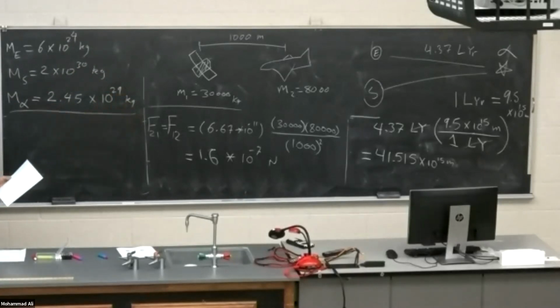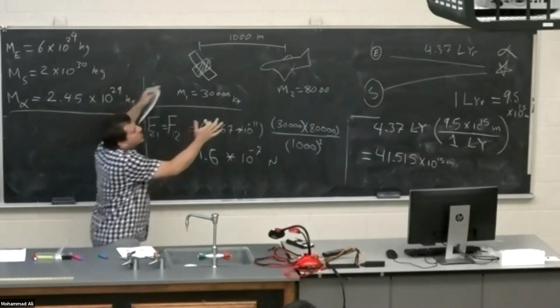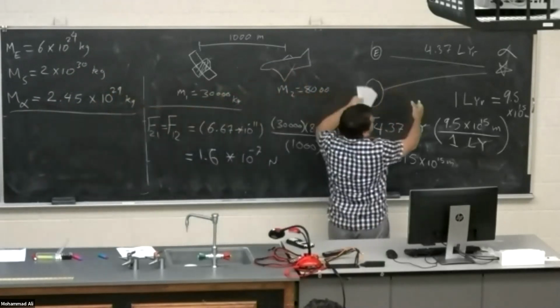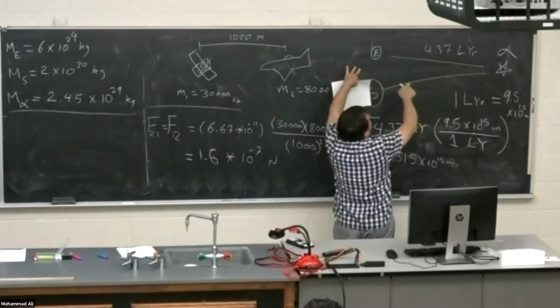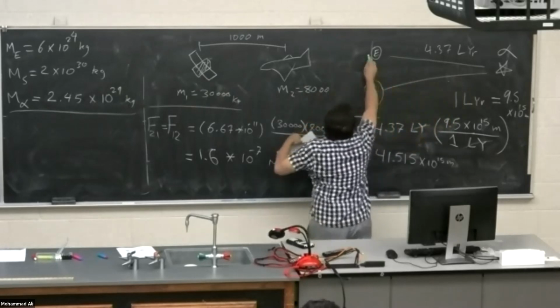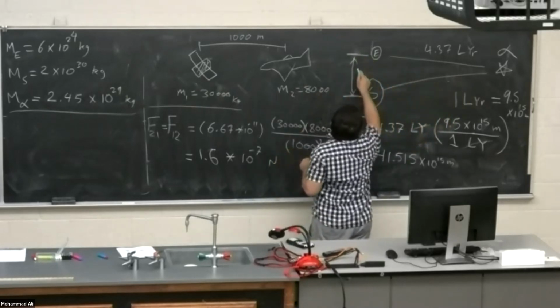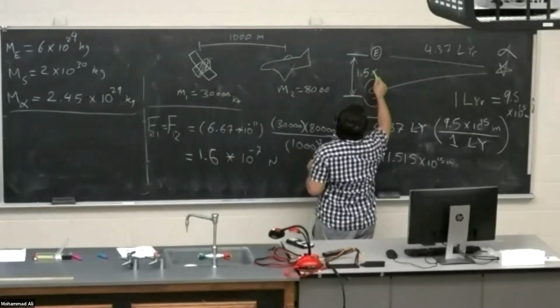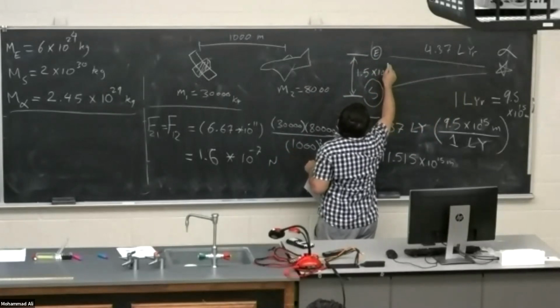The distance from the Earth to the sun is 1.5 multiplied by 10 to 9 meters.